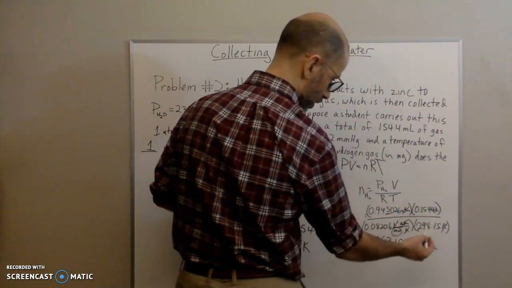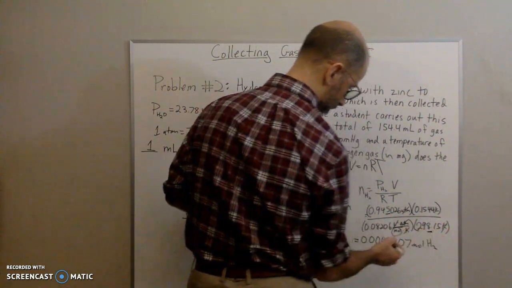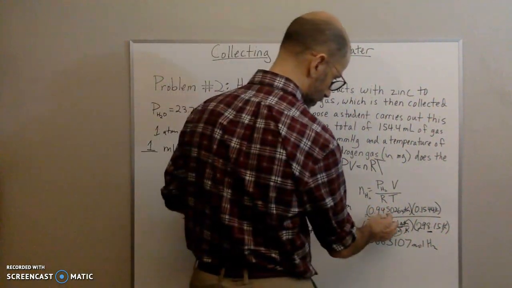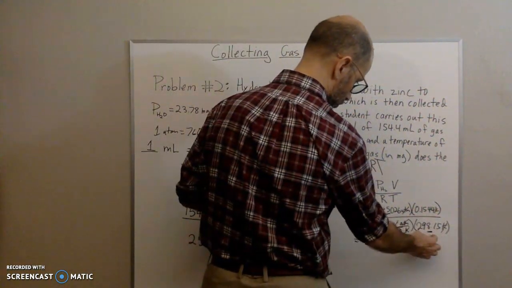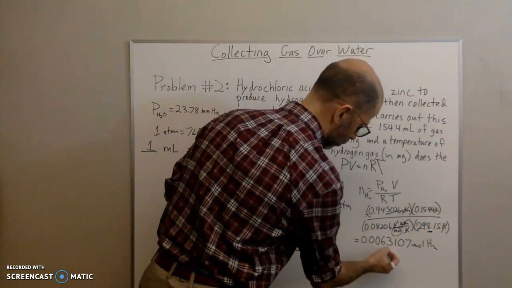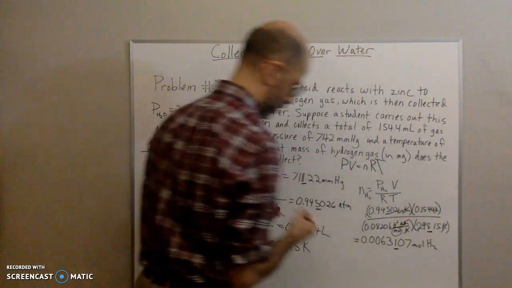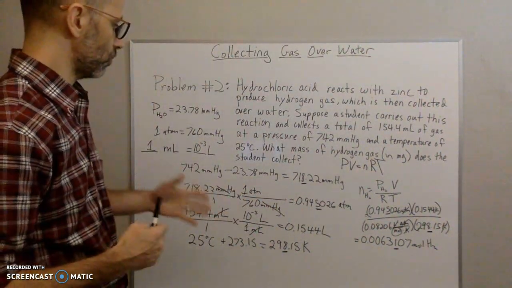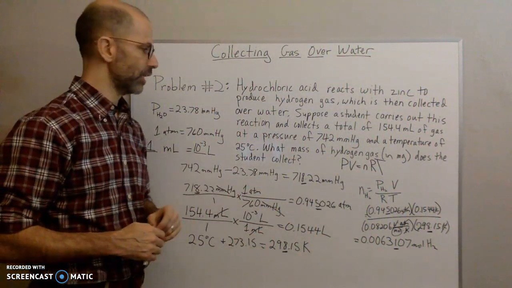This is good. My significance ends at the 8 there. So I have 3 sig figs. I have 4, 3, 4. So the least number is 3. So my significance ends at 1, 2, 3 at the 1 here. Okay, so I have moles of my hydrogen gas.